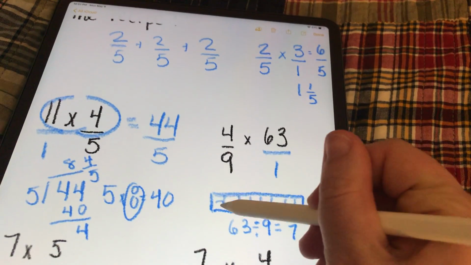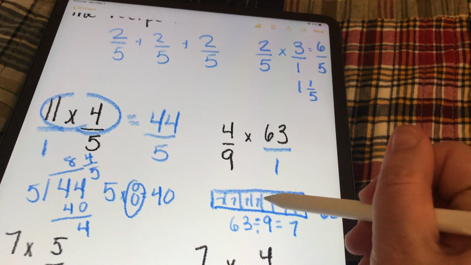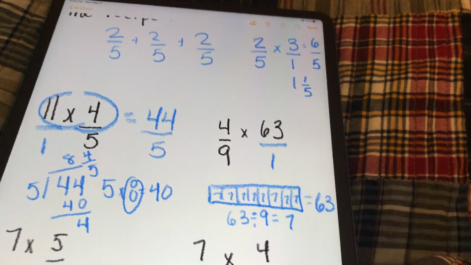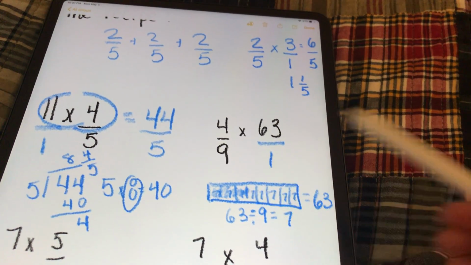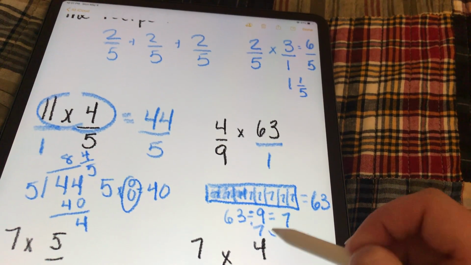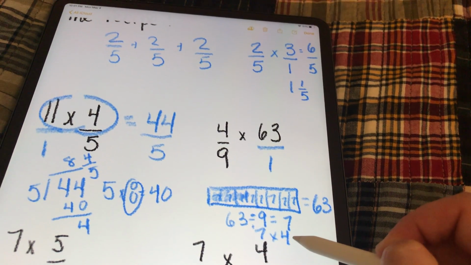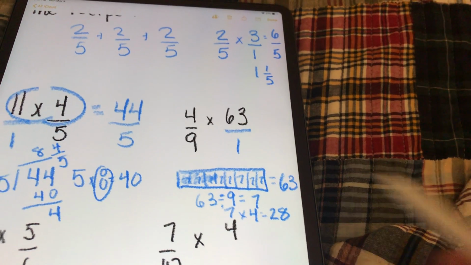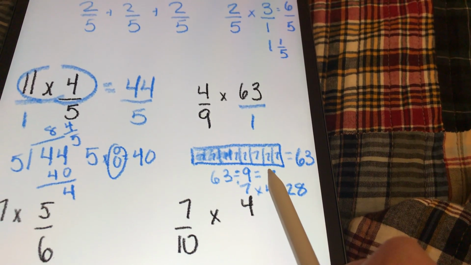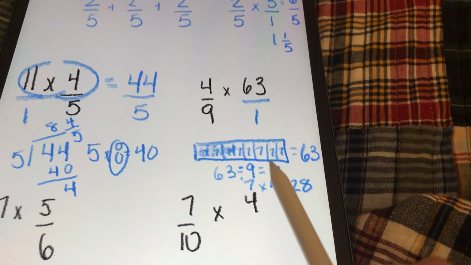So each of these would be equivalent to 7. Then if I colored 4 of those in, 7 times 4 equals 28. At this point, this strategy would probably be a better strategy to do.